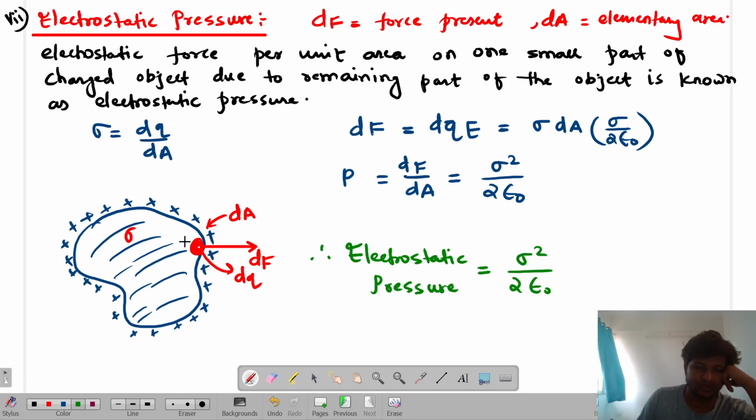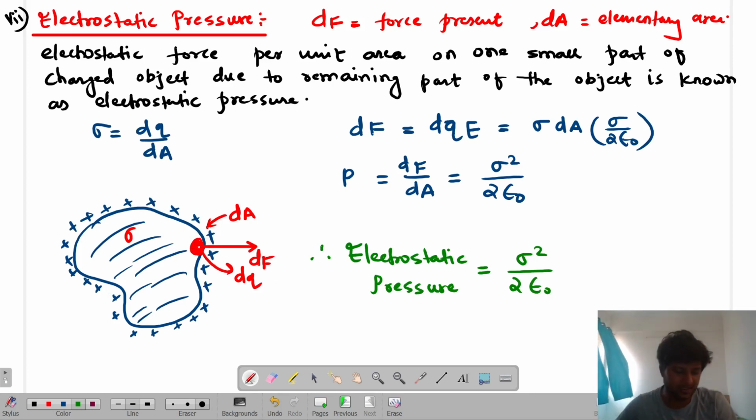So there is a difference between the electric field due to the whole of a conductor, which is sigma by epsilon naught, and the electric field due to the small area and the electric field due to the rest of the area.